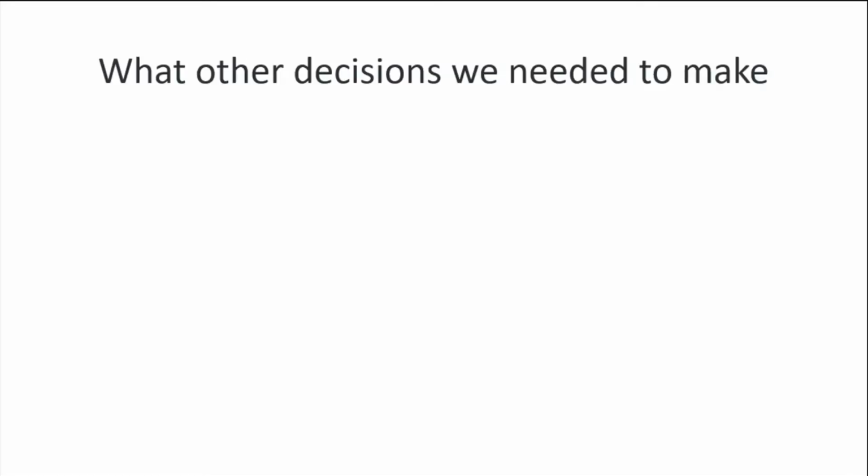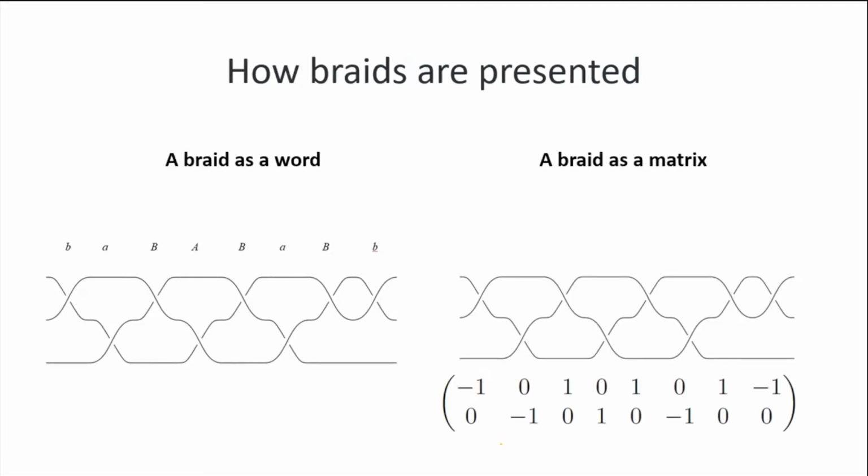Right, so apart from choosing how to produce examples on which to train, let me present you some other choices we needed to make here. You can present a braid as a word. Usually in group theory, you use sigmas here. Or you can present a braid as a matrix.